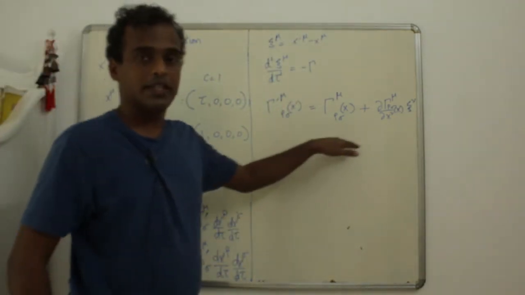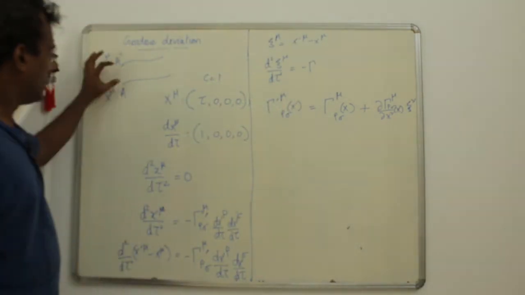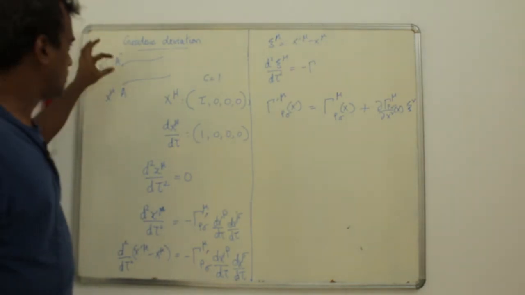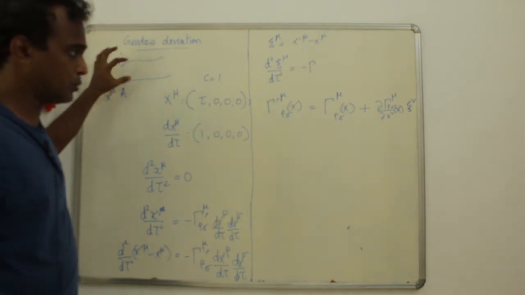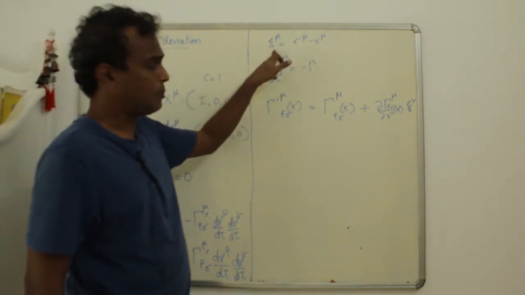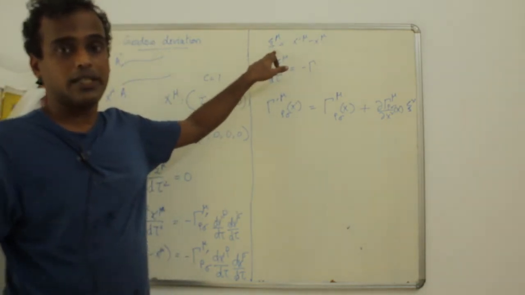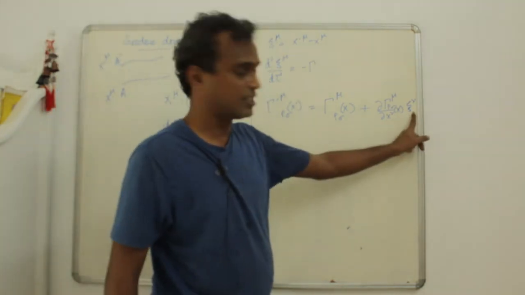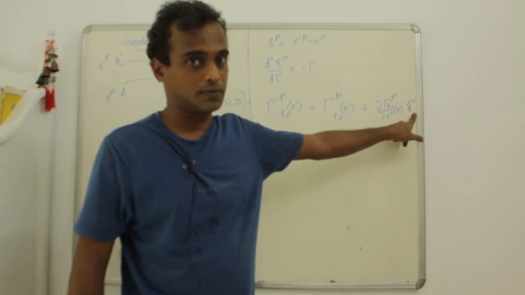And there are going to be remaining terms. Now, if I am considering the two particle trajectories to begin at points which are infinitesimally close to each other, then the separation between these two points could be taken to be infinitesimally small, and thus I could stop this Taylor series expansion at the first order.